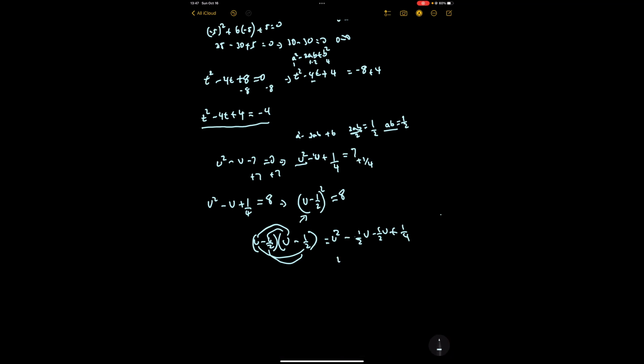So that will be equal to u squared, negative half u minus half u is equal to negative 2 over 2, which is 1, so negative u, plus a quarter. So it is true.